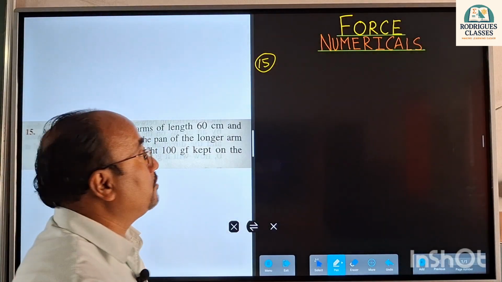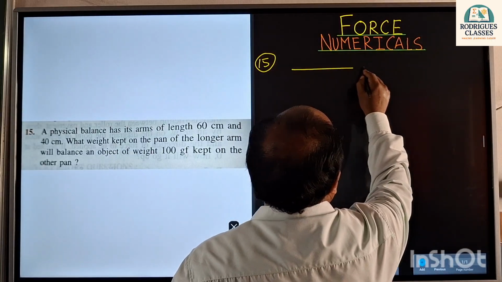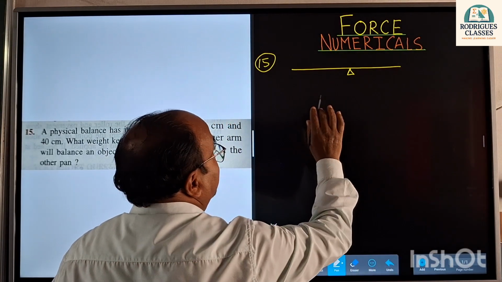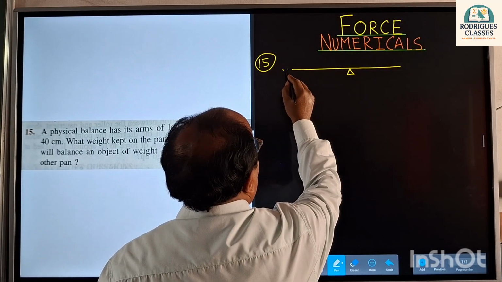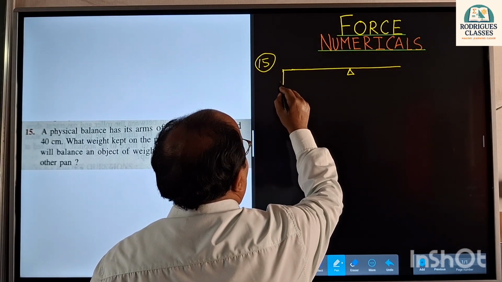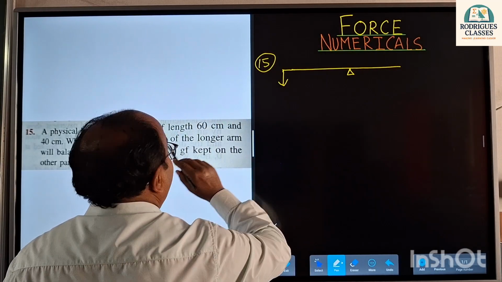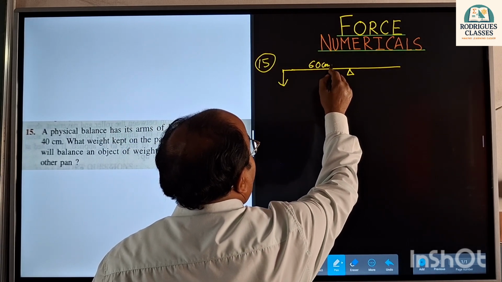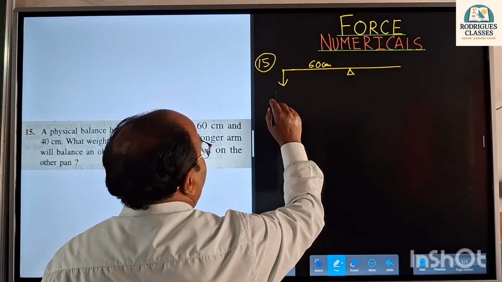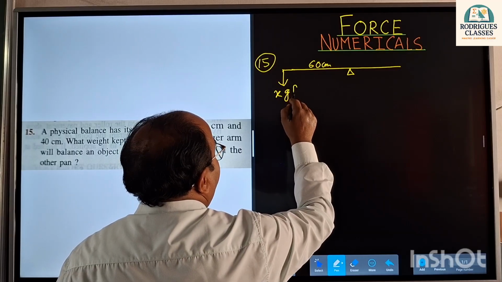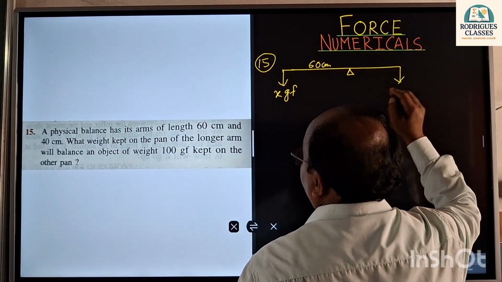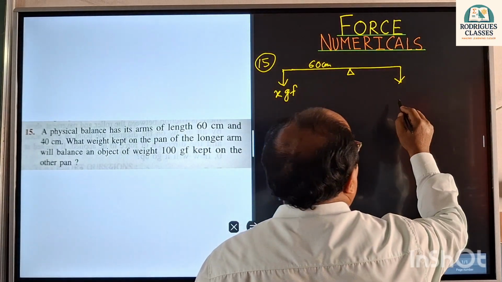Okay. So again, going by the diagram first. I have drawn a fulcrum showing the length to be different. So in the longer pan, we have to find what will be kept. This is 60 centimeter. So I will be taking there as X GF. Okay. And on the shorter one, the weight which is kept is 100 GF.